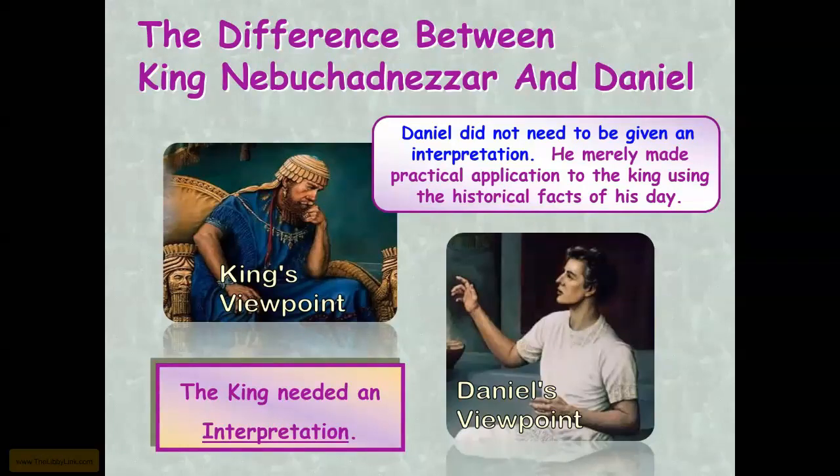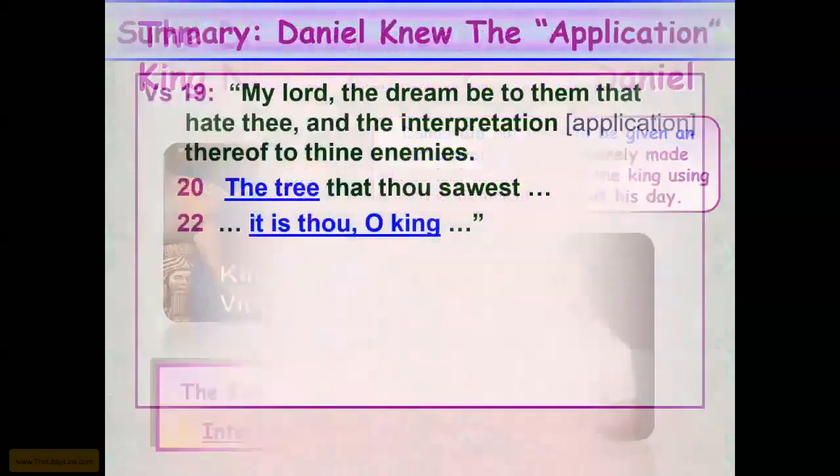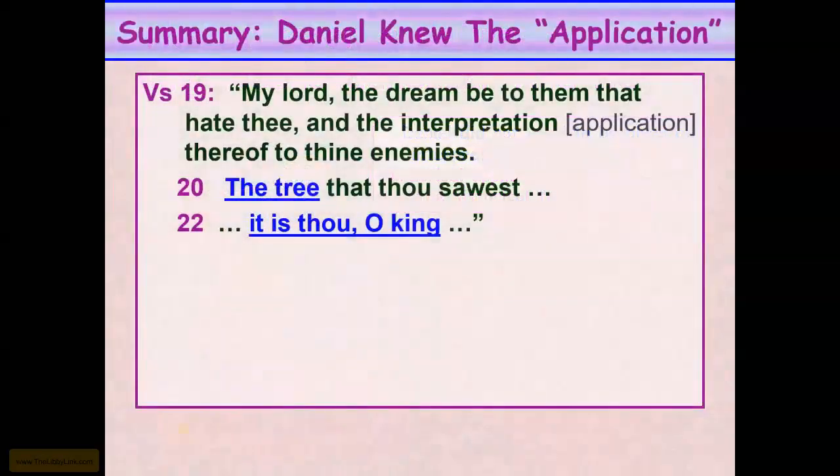Nebuchadnezzar was restored to his kingdom, unlike the others. Summary. Daniel knew the application. Oh, yes. Daniel knew how this prophecy applied to the Babylonian king, recorded in verses 19 and 20 and verse 22.